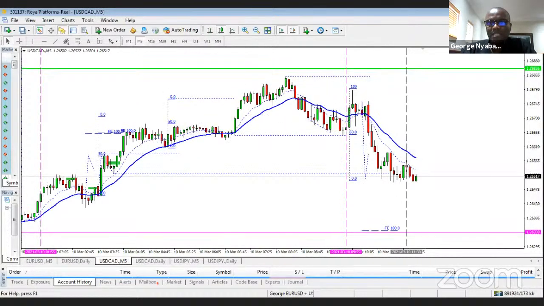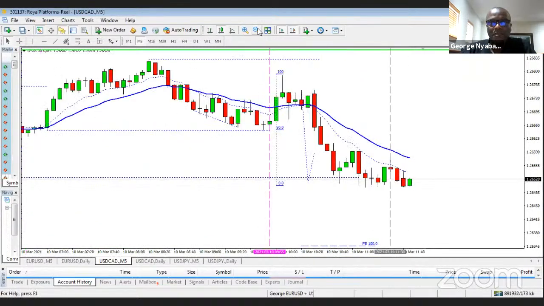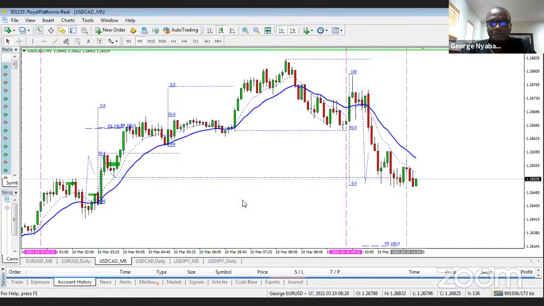Canadian, USD CAD, is looking like almost a similar kind of setup. Squeeze it a bit and I'll open it up. So last week we spoke of measured moves. Here's what happened. Just before the open, the open was this candle here, the bullish candle. My purple dotted line indicates the open, 5 minutes before that. The market went up at the open and immediately reversed to come back and test that.